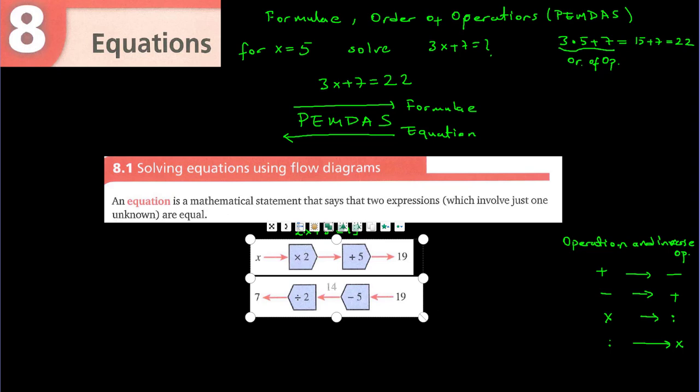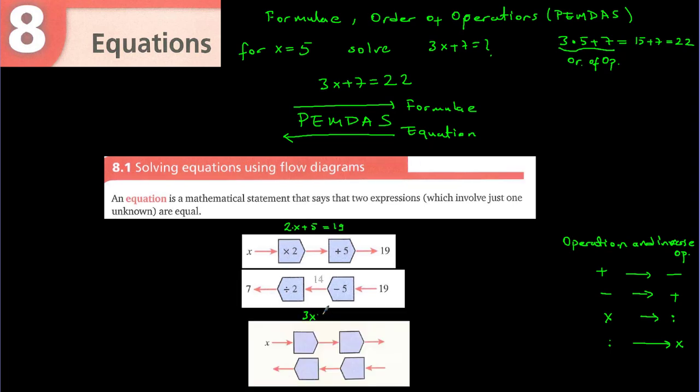If you ask for the previous one, which is 3x plus 7, that is 3 times x plus 7. If it's equal to 22, we are going to say like this: x firstly multiplied by 3, then add 7, then the result is going to be equal to 22.